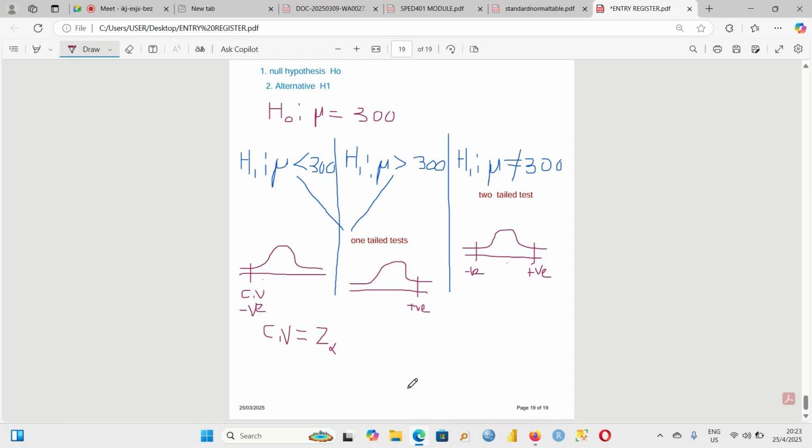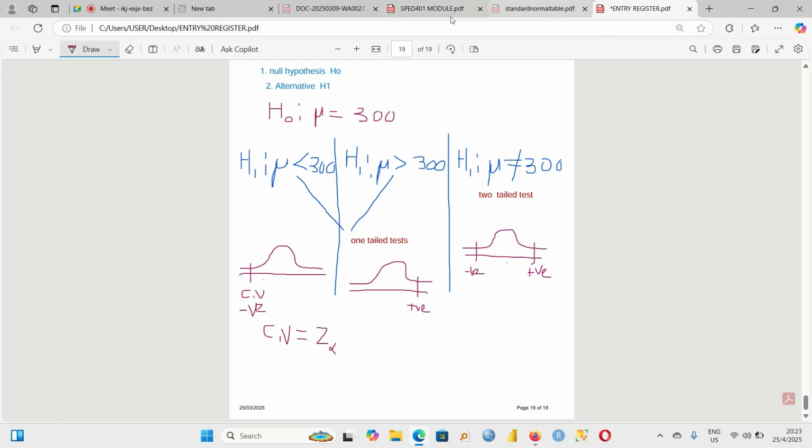When they say test at 5% level of significance, that is the alpha. Alpha is the level of significance. If they say test at 5% level, how do you find Z alpha?